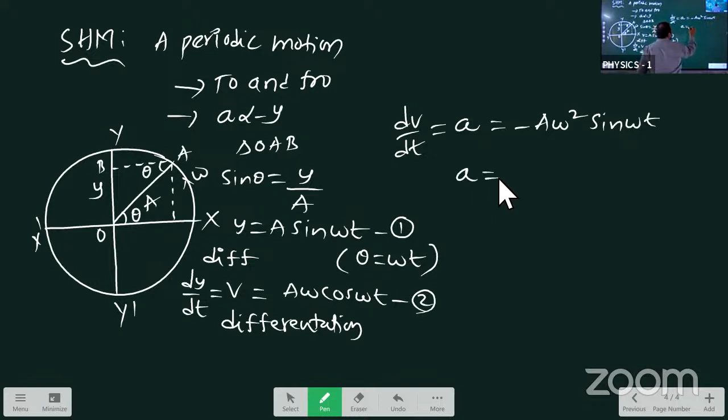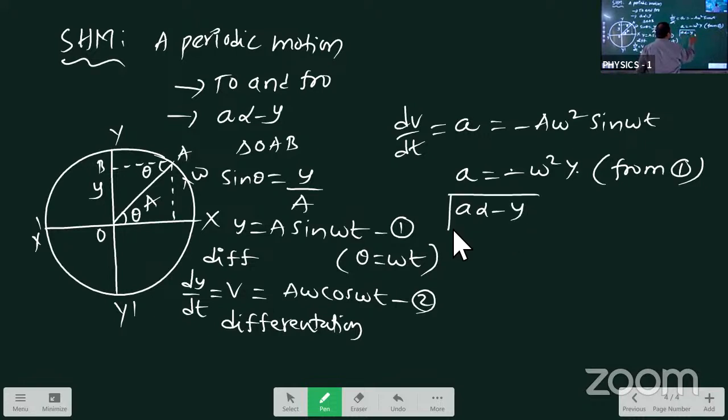Directly we write a equals minus omega square y, because from equation 1, a is directly proportional to minus y. So a directly proportional to minus y indicates that the particle motion in a circular path is SHM.